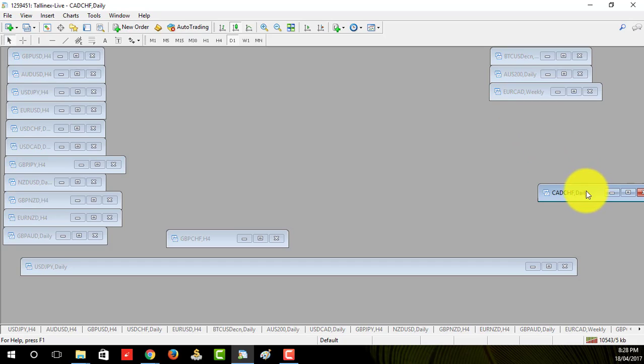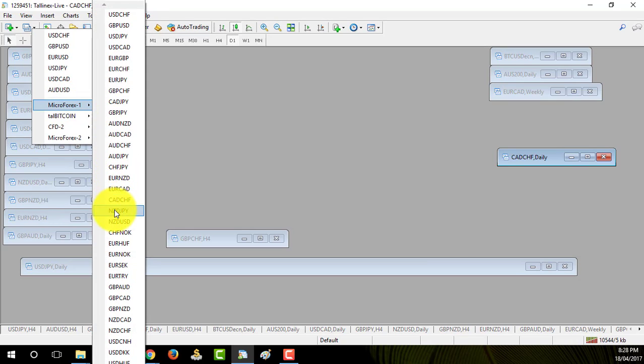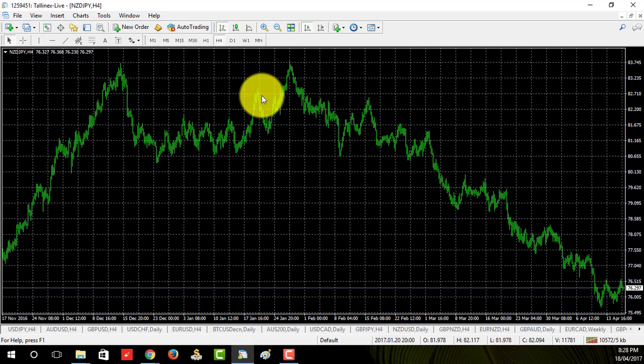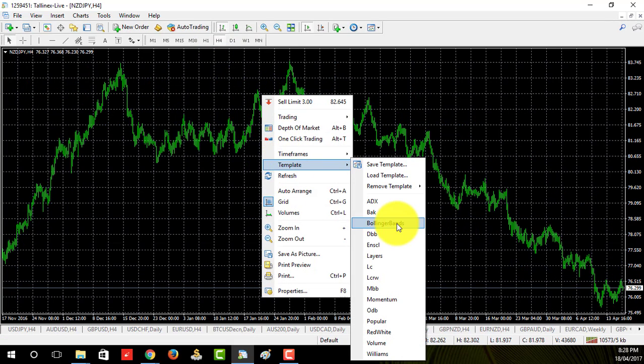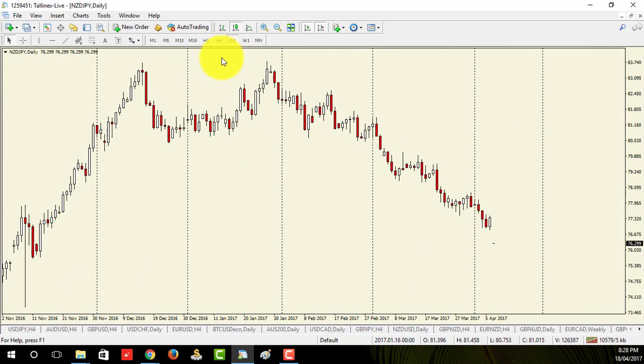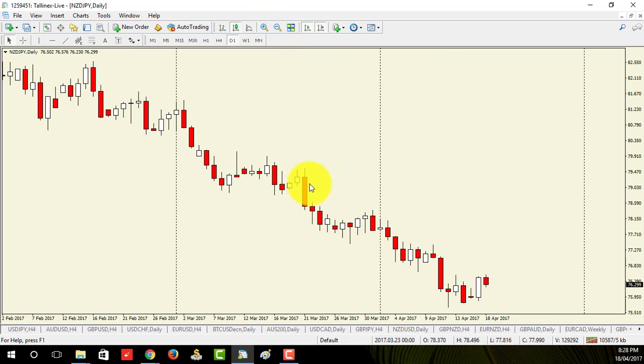Now, if you're not looking at reversals or swing trades, if you're trying to go with the flow or go with the trend, then what you're going to end up doing, most likely, is trend trading, okay? And let me see here. Yeah, okay. The Kiwi's been in a nice trend.